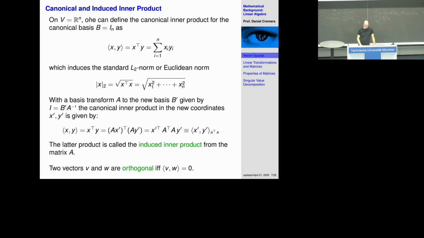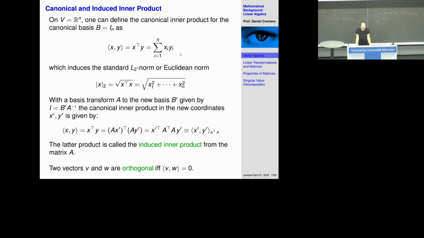We have a lot of conceivable inner products, but one I wrote down is the canonical inner product. That is basically I take the canonical basis, and then I take two vectors x and y, and I just multiply the coefficients and sum them up like I showed here.